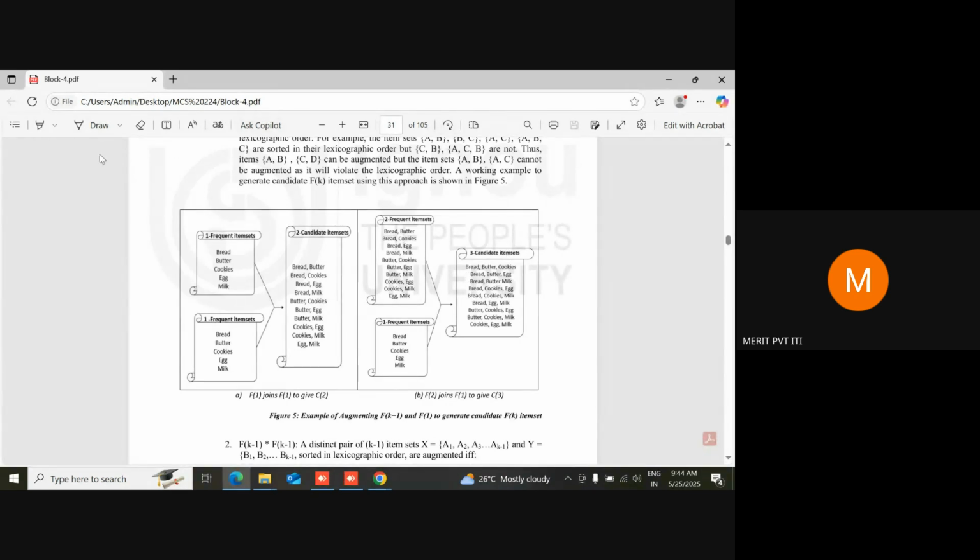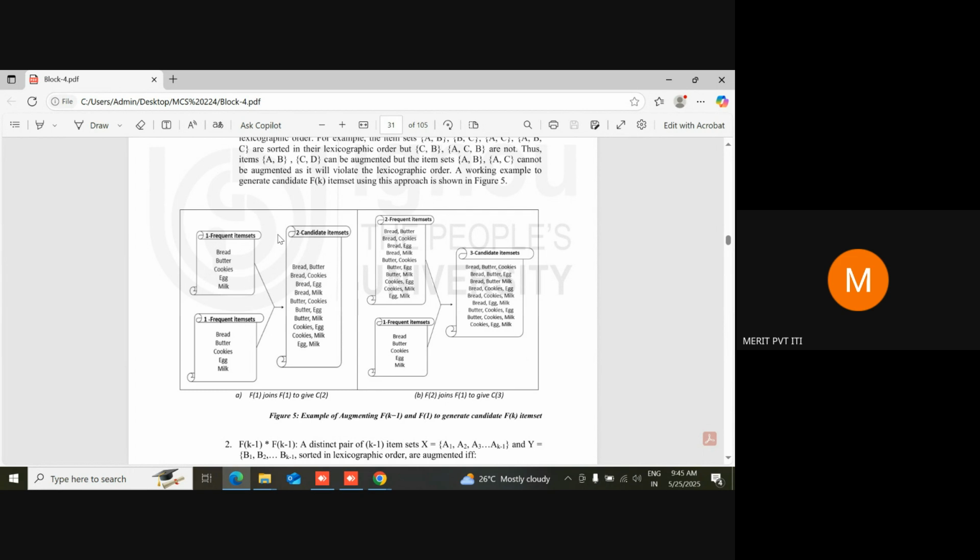You can see this is breaking down into one item, two items, and three items. So these are the things explained here.